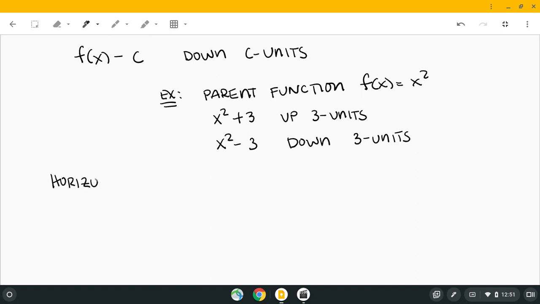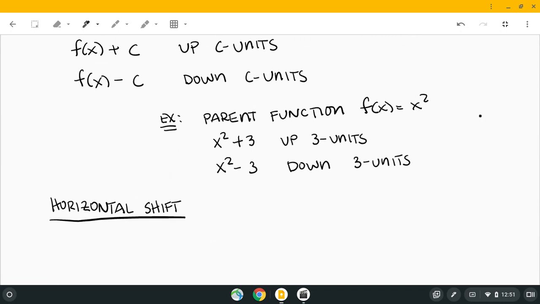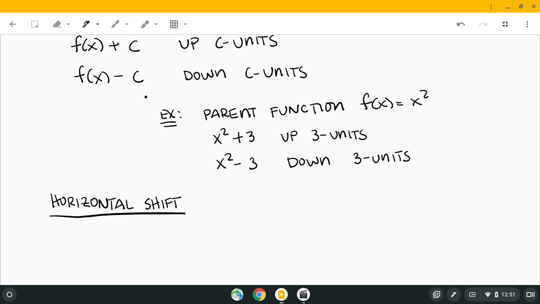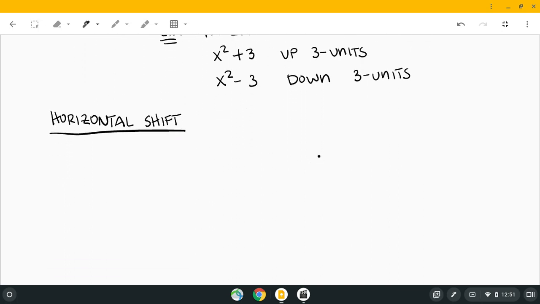The vertical shift is intuitive. This one, I think, is not as intuitive. Let's have a look. So if you're given a parent function and you add or subtract c from that parent function, you get that vertical shift.